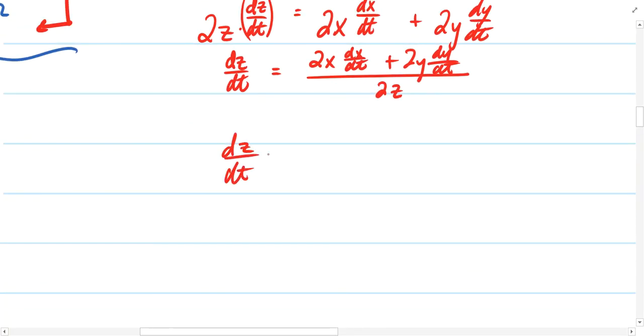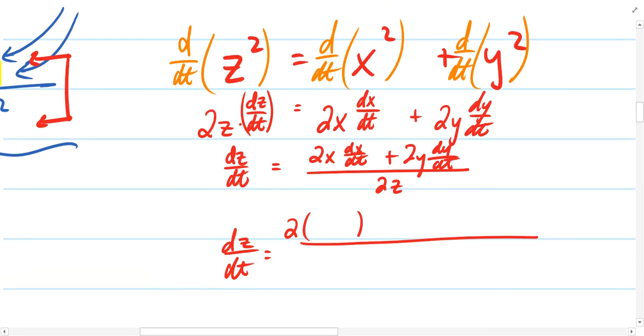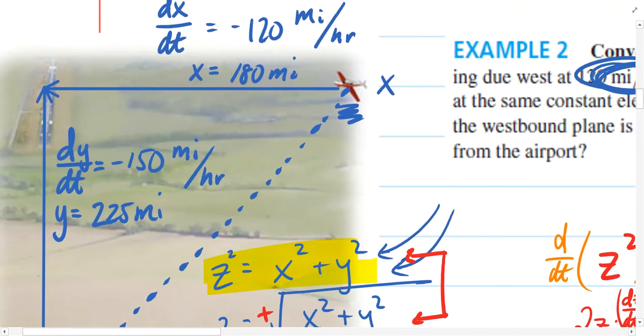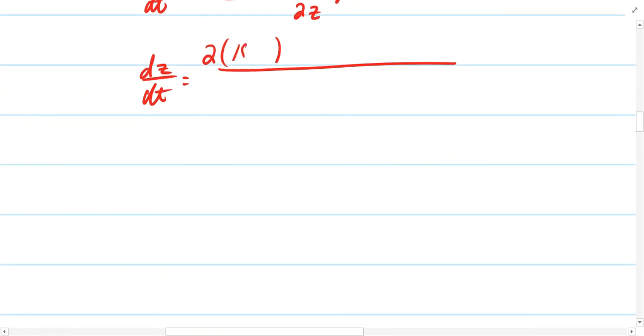I'm going to give myself a little bit of room here, and I'm going to rewrite this fraction taking up 2 lines. I want 2 times our current x value. Now, we did say that x, the horizontal distance, was 180. We're talking about 180 miles. And then our dx dt was negative 120 miles per hour.